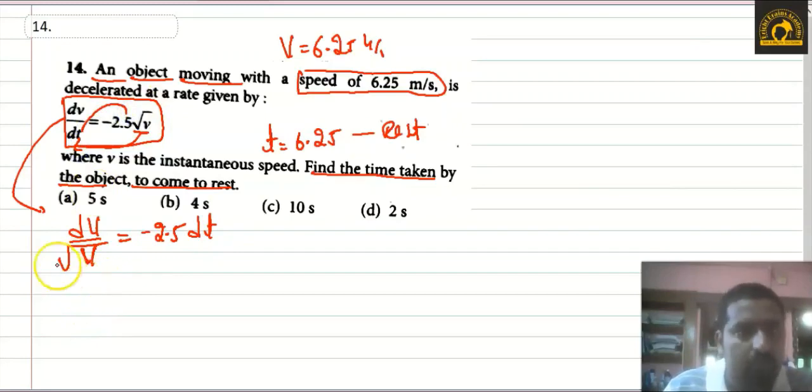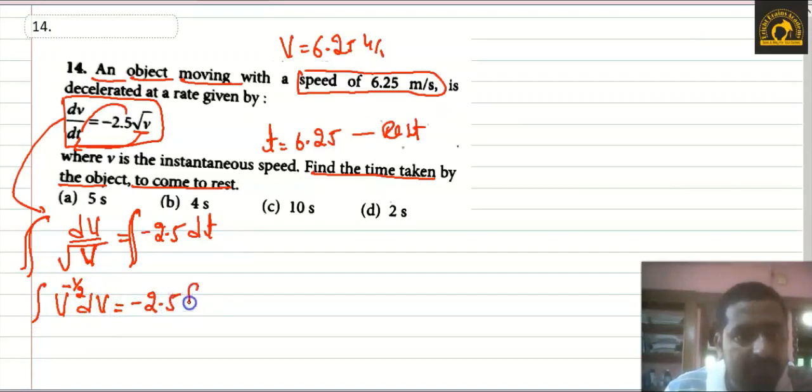So now integrating on both sides: the integration of 1 by square root of v, that is v to the power of minus 1 by 2, dv, is equal to minus 2.5 integration of dt.